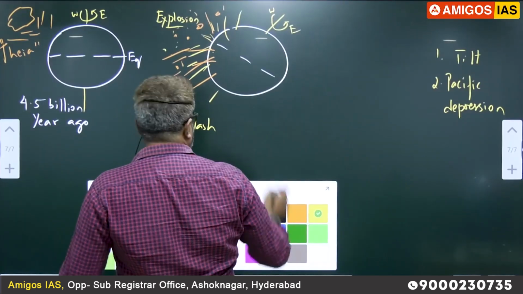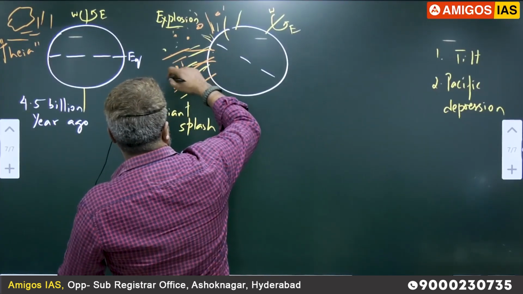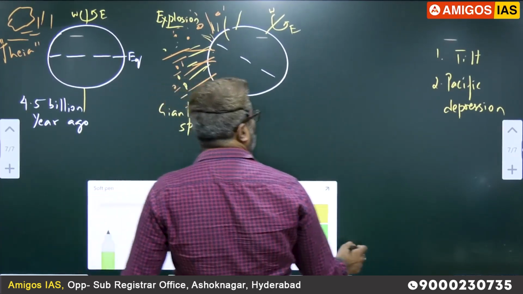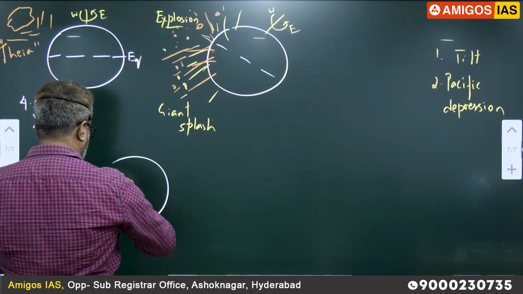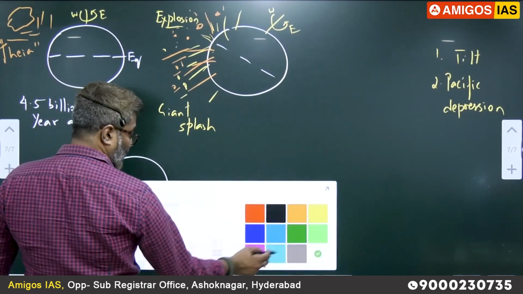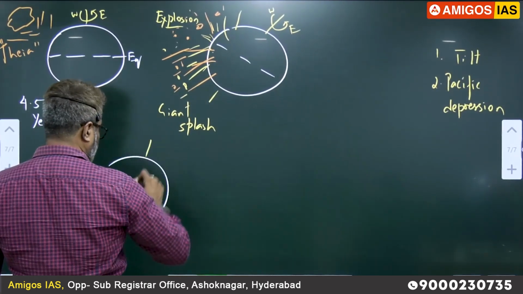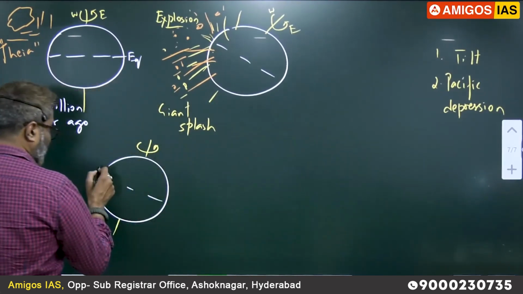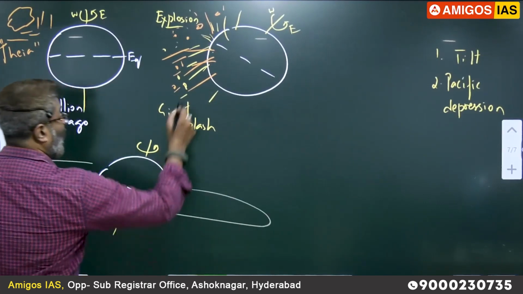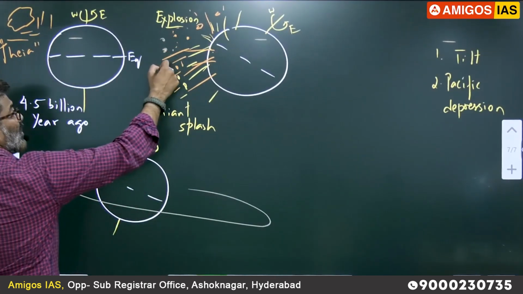What will happen now? All this dust and rocks started to encircle the earth. Notice this, please. I'll write that here. All of you see here? All this dust and rocks are there.